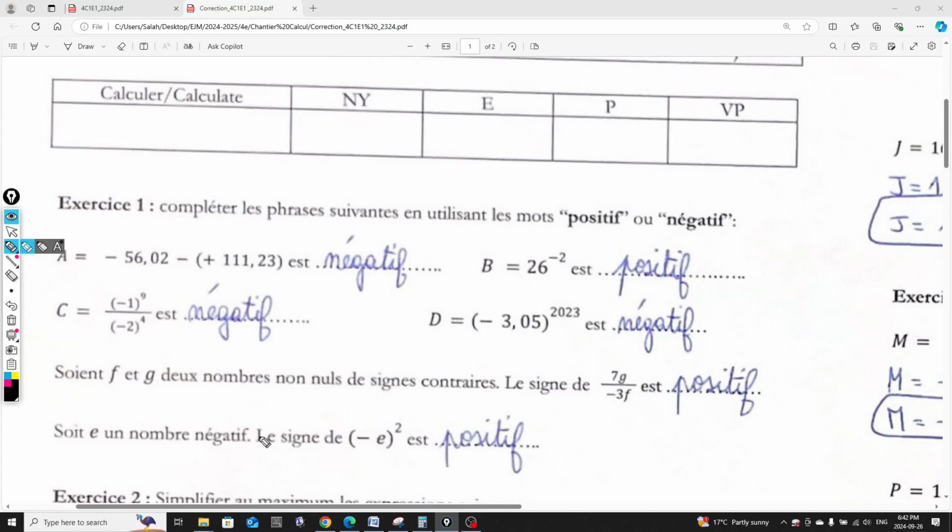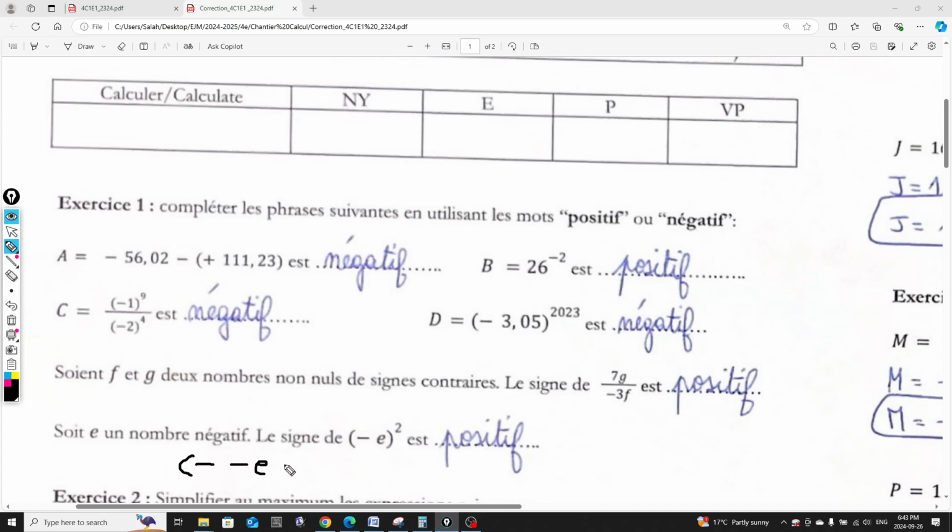Okay. Now here they're trying to get a little tricky though. Here they're saying soit E un nombre négatif. So E is actually Euler's number. You don't have to worry about that for now, but they're just saying let E be some random negative number. Okay, well, le signe de that is what? Well, this is actually already negative, so they're just trying to be a little tricky here. There's already a negative out here, and now they're saying E is a negative number, so this is actually a double negative, right?